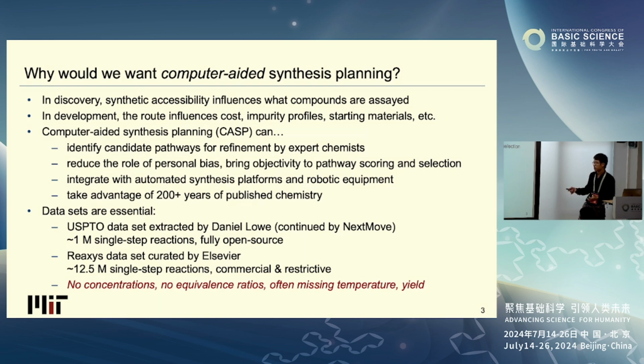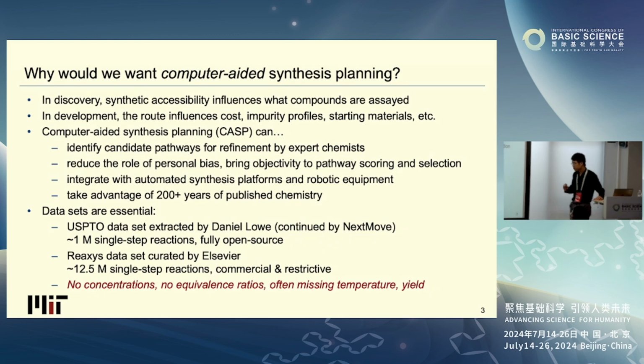And then there are some proprietary datasets. For example, the Reaxys dataset curated by Elsevier includes more than 10 million reactions. They are big datasets. They have a lot of good information, but still there are some quality problems and missing information, which we'll talk about later.